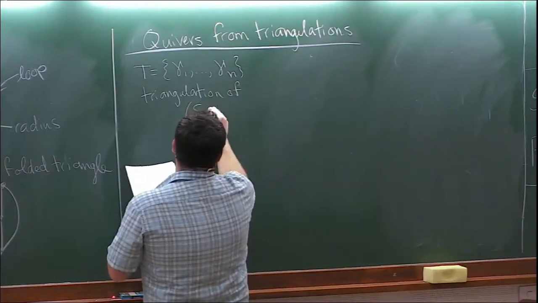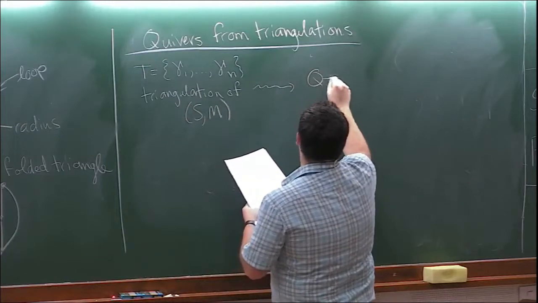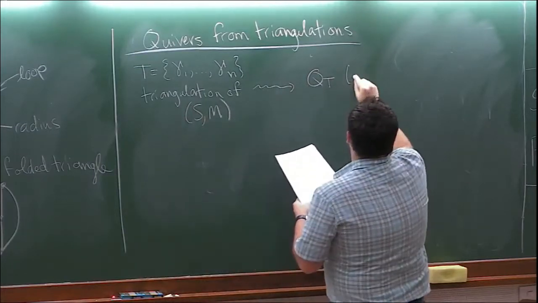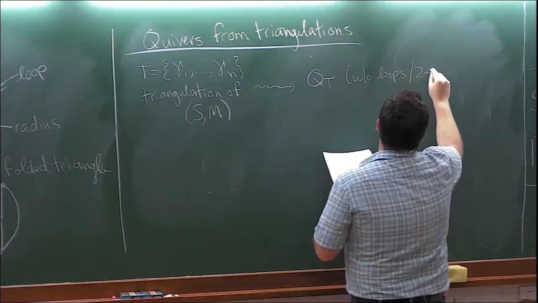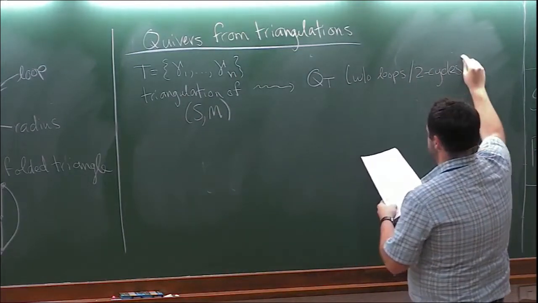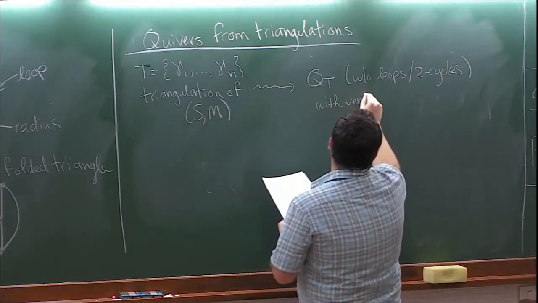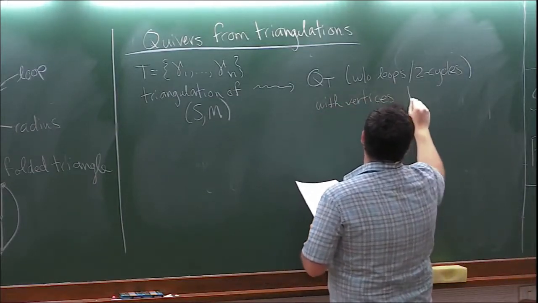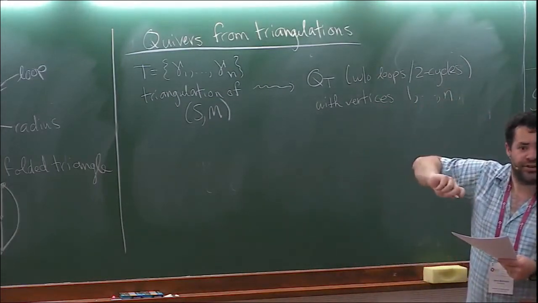Then to that, I'm going to associate a quiver without loops and without two cycles. My quiver is going to have vertices 1 through n, one for each of these arcs.